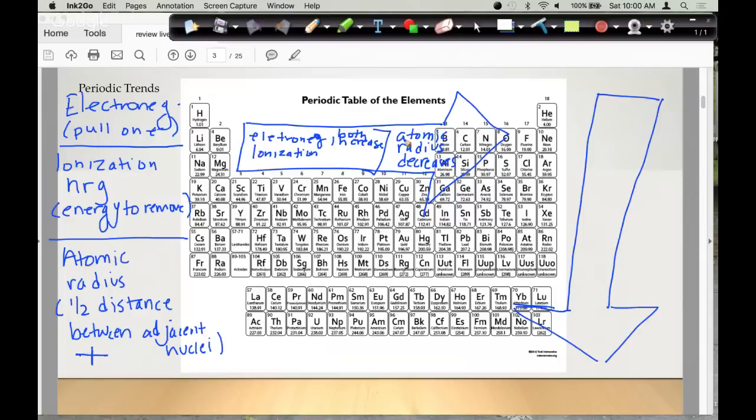And the reason for these trends that we see as we go across a period is because of increasing nuclear charge. We're increasing the number of protons in the nucleus, and those positive protons in the nucleus can do a better job of attracting the valence electrons. That means we have a stronger attraction.